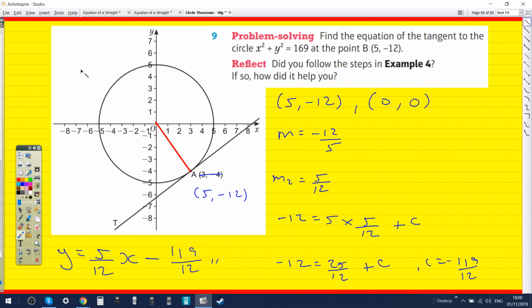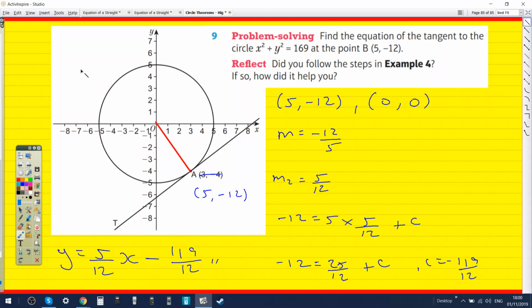The tangent being the black line. Okay. Find the 2 coordinates. Subtract the y's from both. So y2 minus y1, x2 minus x1. You've got the gradient of the radius. Find the negative reciprocal to find the gradient of the tangent, and then sub that gradient of the tangent into the equation y equals mx plus c, and then you also have to sub in a coordinate into the equation.